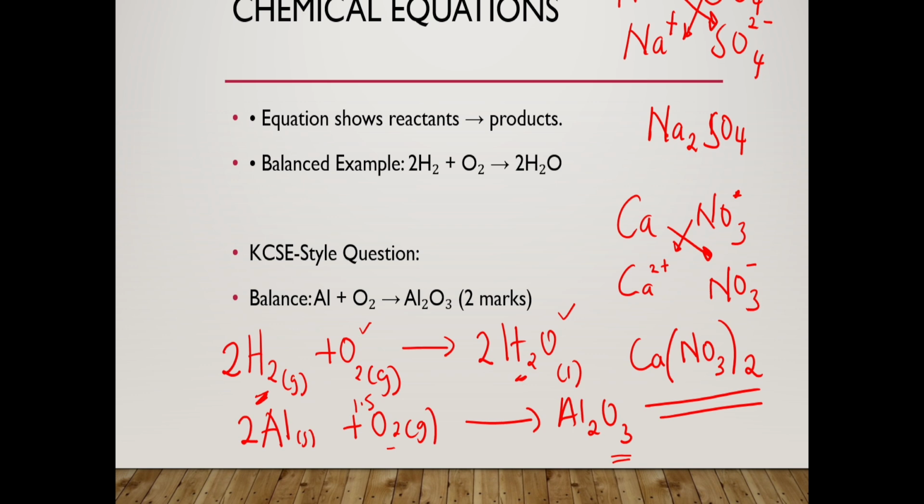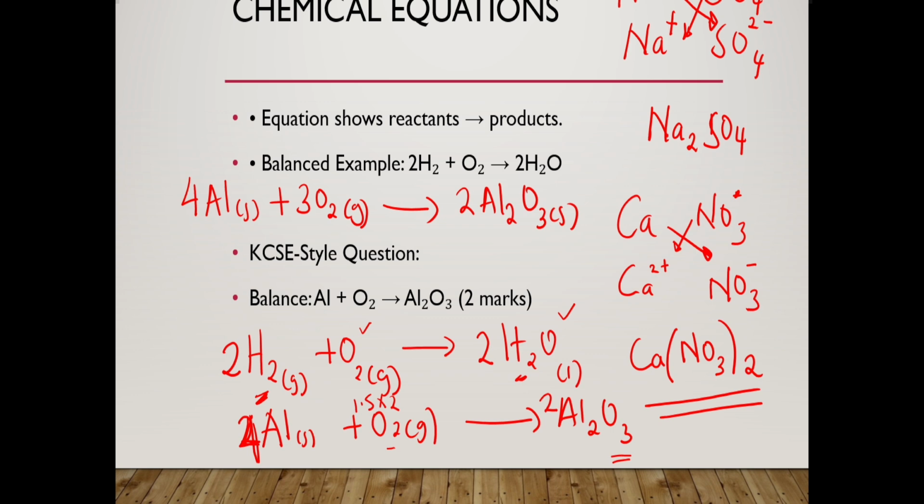If you write 1.5, you get 3 oxygens on both sides. But in terms of balancing, there's nothing like 1.5. Therefore, we need to multiply by 2 on all sides for you to get a whole number. Eventually, at the end of the day, you'll have 4 aluminium plus 3 oxygen molecules, which is 6 oxygens, giving 2Al2O3. So it's a very simple question, it just requires a bit of deep understanding.